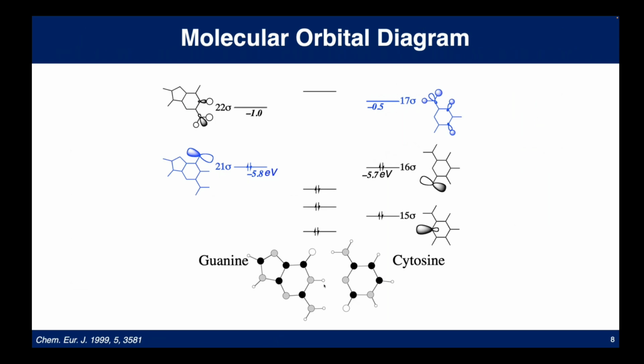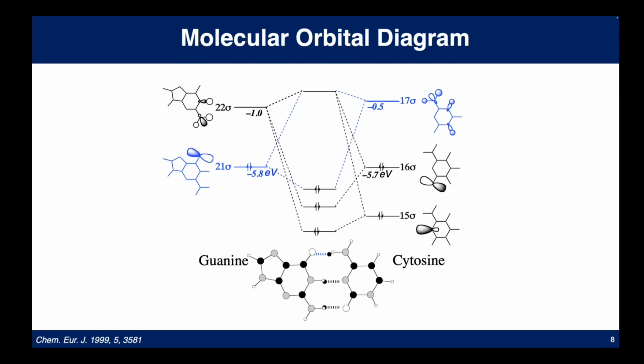stabilizing donor-acceptor interactions between the lone pairs, for instance, of the oxygen atom of guanine, donating electronic density towards the NH2 group on the other side. And you also have the other way around, the lone pair on the oxygen of cytosine and the lone pair on the nitrogen of cytosine donating charge into the NH anti-bonding orbitals on guanine.